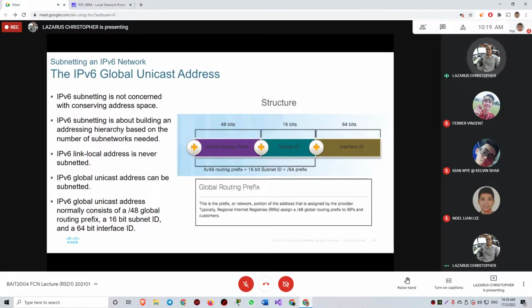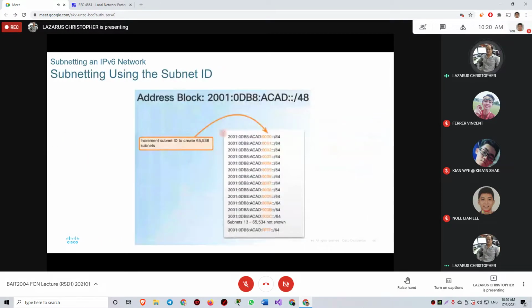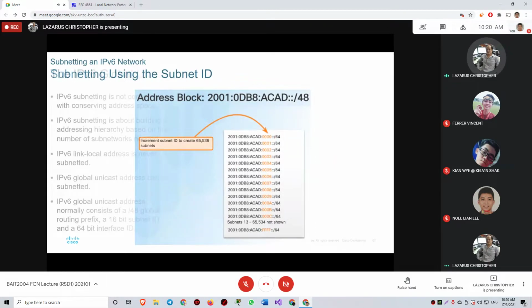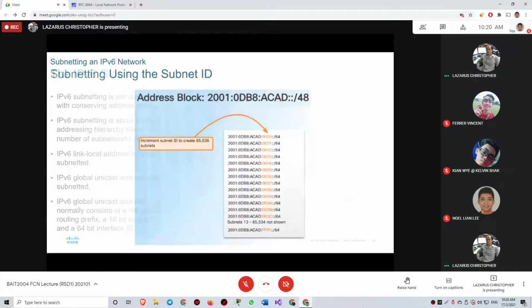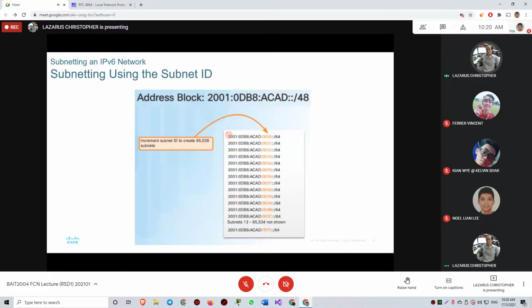Now, this link local address is not routable by the IP version 6 capable router. It will only route the global unicast address. So if in your network you didn't subscribe to an ISP, or even if you subscribe, you don't want to give this subnet access to the internet, then you don't assign the global unicast address.